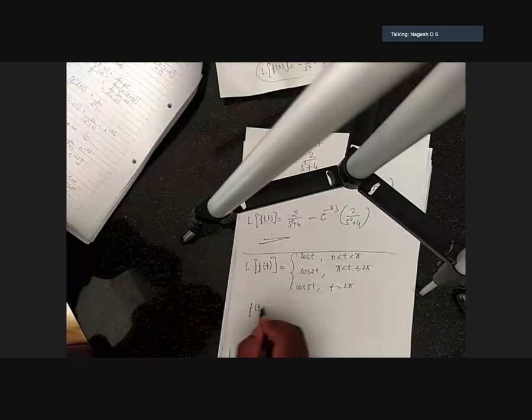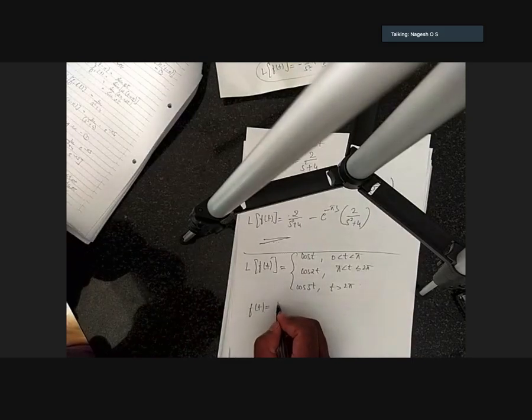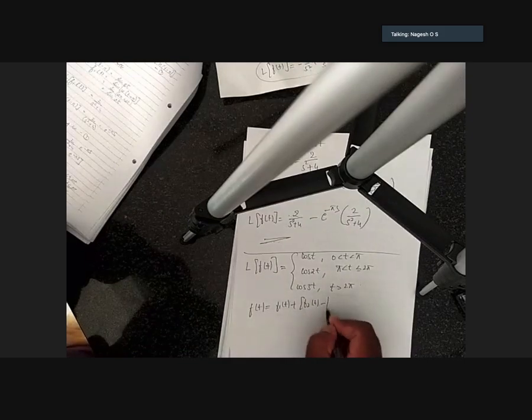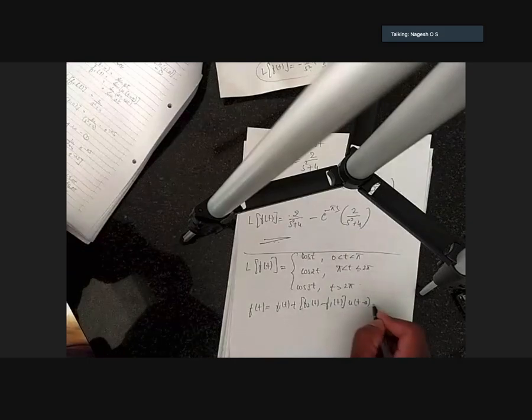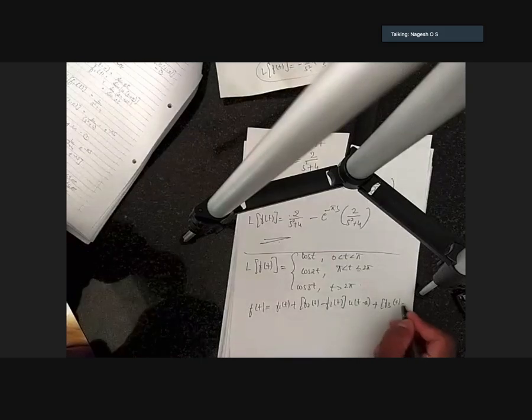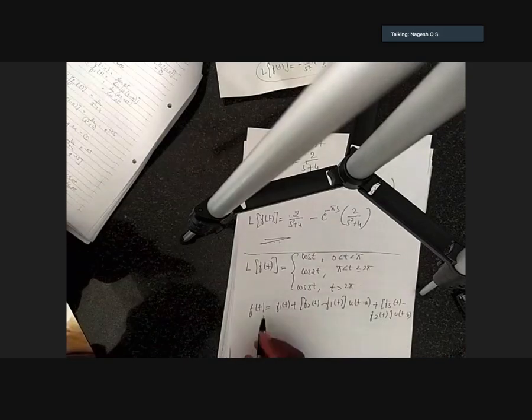So f of t will be equal to f1 of t plus f2 of t minus f1 of t u of t minus a plus f3 of t minus f2 of t u of t minus b. This one we have to use.